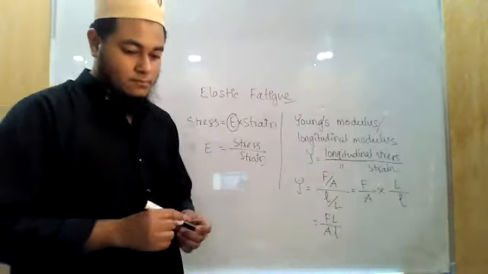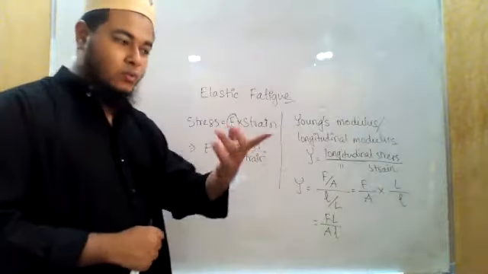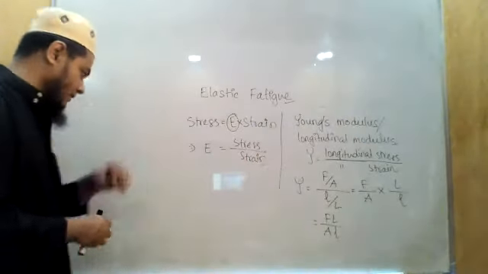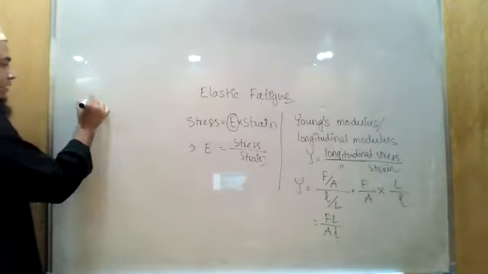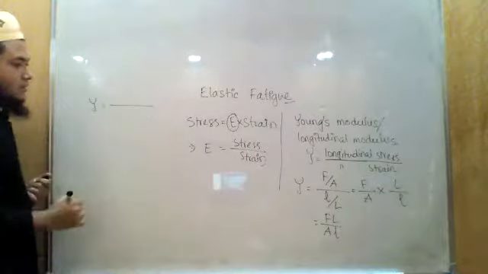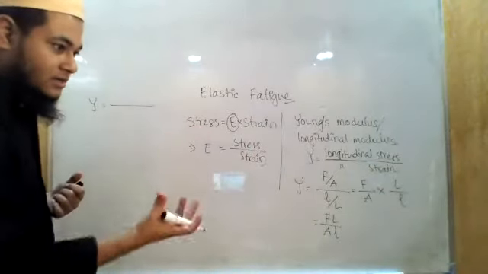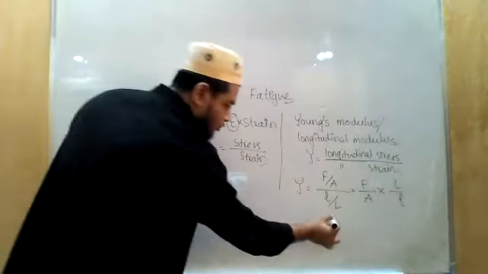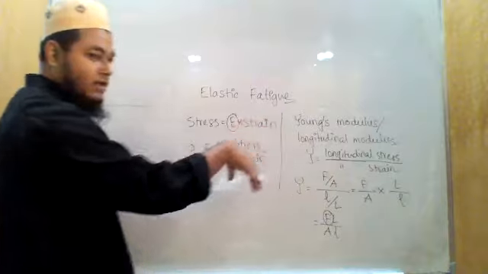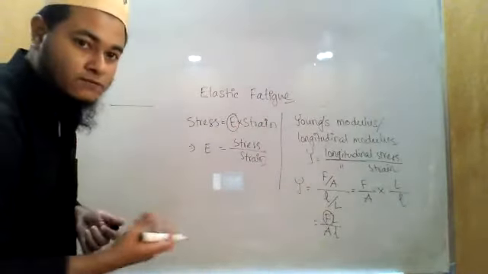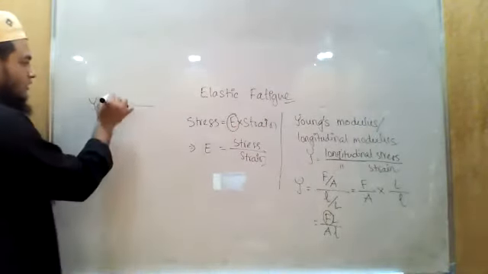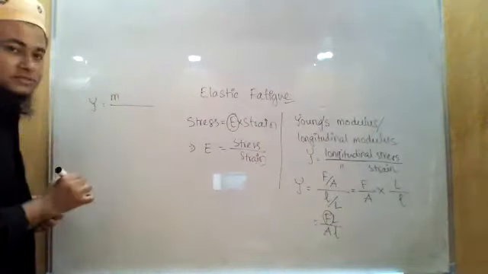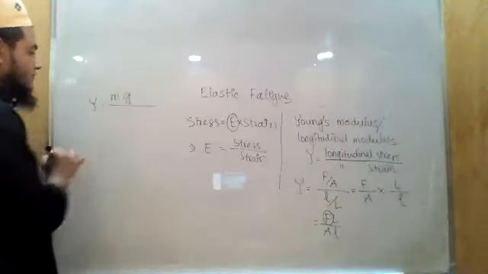Now, in case of a wire, we are considering a wire, right? Previously, we saw that the experiment we conducted is for a wire. So, for the wire, we are hanging the load, right? So, the force that is acting on the wire is equal to the weight of the load. If I am hanging m mass, then the weight will be mg, right?